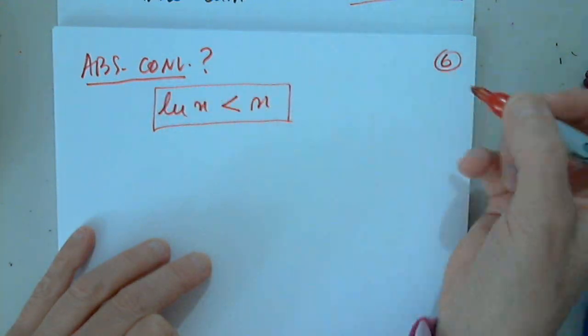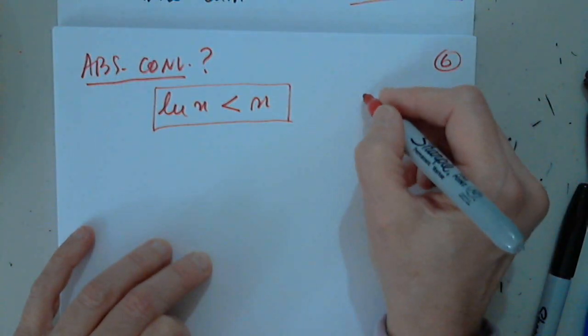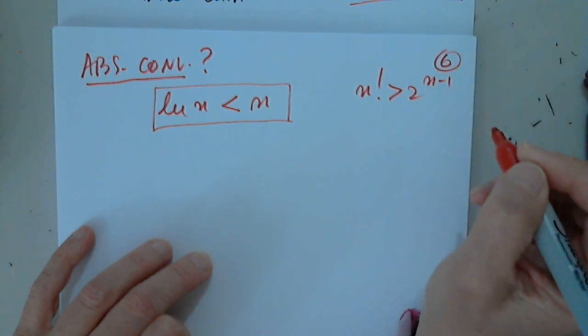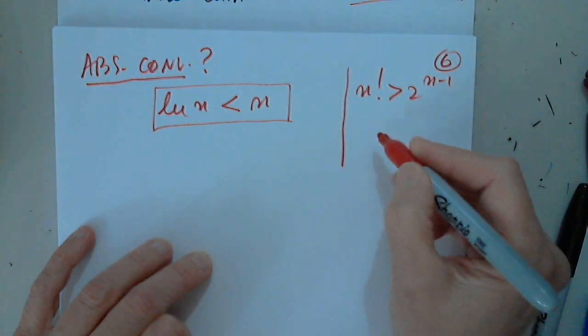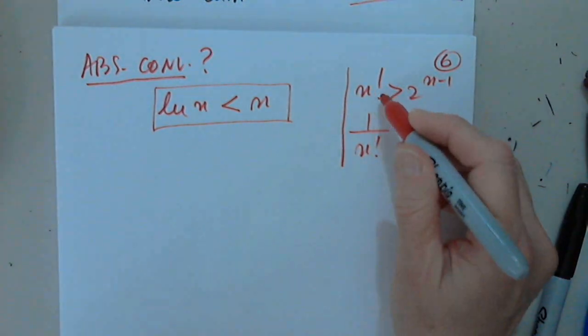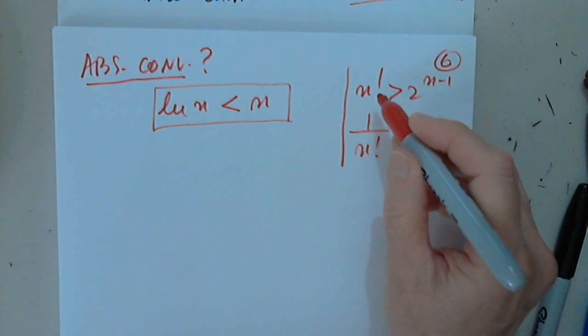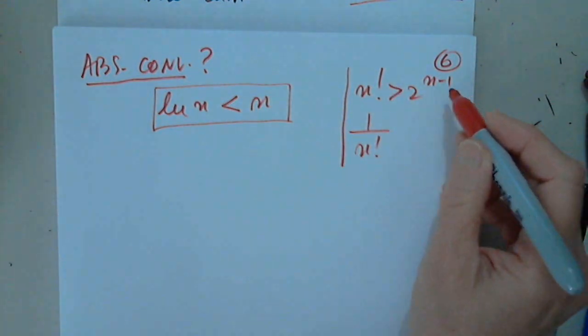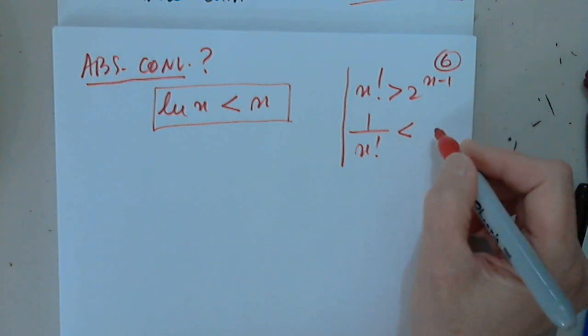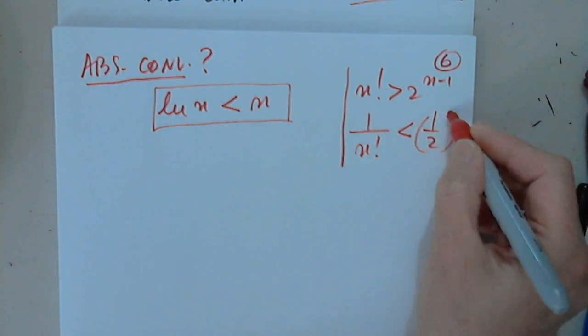Like we had in the previous lesson, we had the absolute value, which was greater than 2 to n minus 1. And from here, we concluded that n factorial is greater than 2 to n minus 1, which means that 1 over n factorial is less than 1 over 2 to n minus 1.